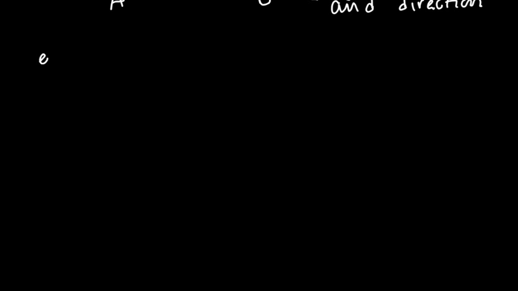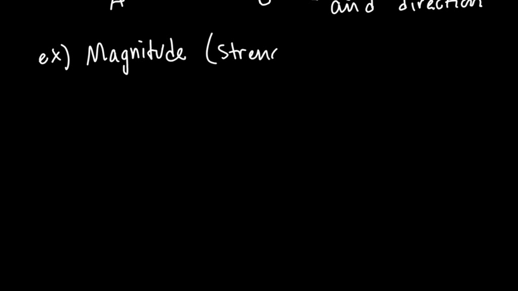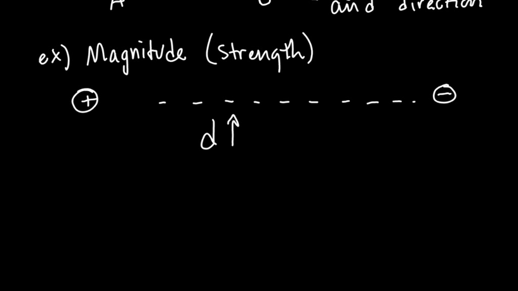Now let's talk about the magnitude. Remember I said this is kind of a fancy word for strength or amount. Now, what we say is that the distance is going to matter in the attractive or repulsive forces between particles. If you have weak magnets and you're holding the plus side way over here and the negative side way over there, the distance is so great that there really isn't going to be that much force.